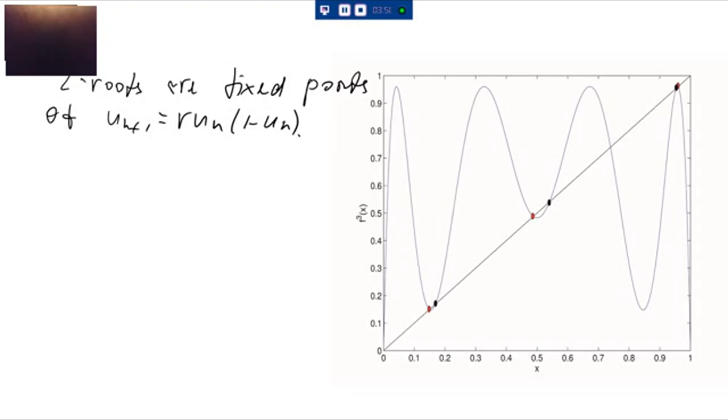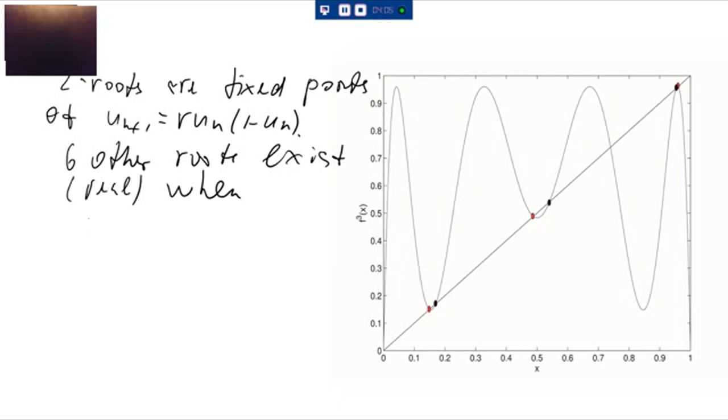But 6 other extra roots exist, real, when parameter r is more or equal to 1 plus square root of 8.